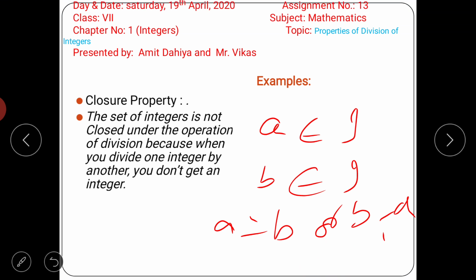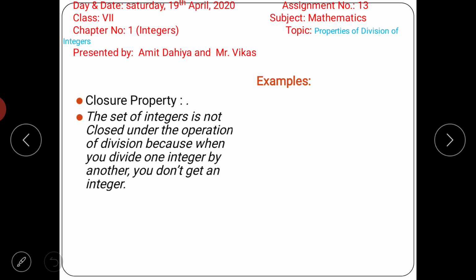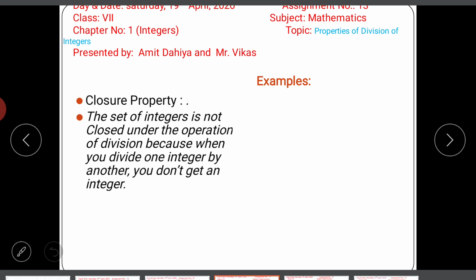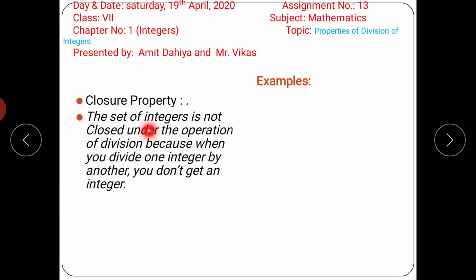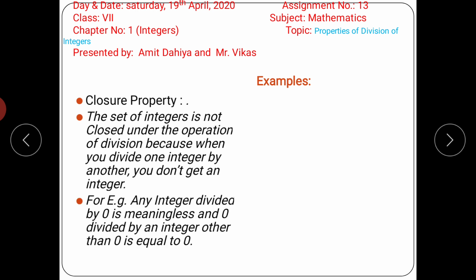For an example, the set of integers is not closed under the operation of division, because when you divide one integer by another, you don't get an integer. How can you say that? For example, any integer divided by 0.